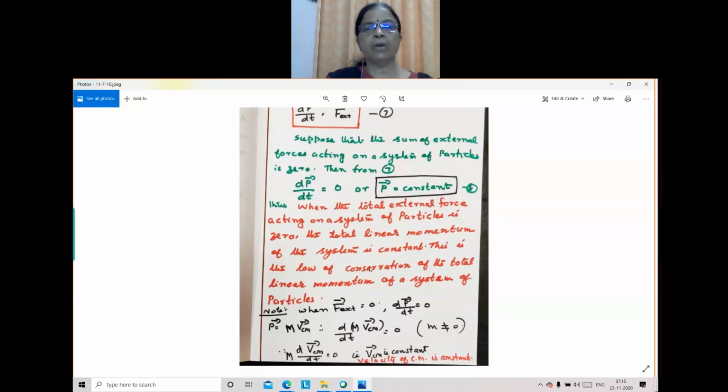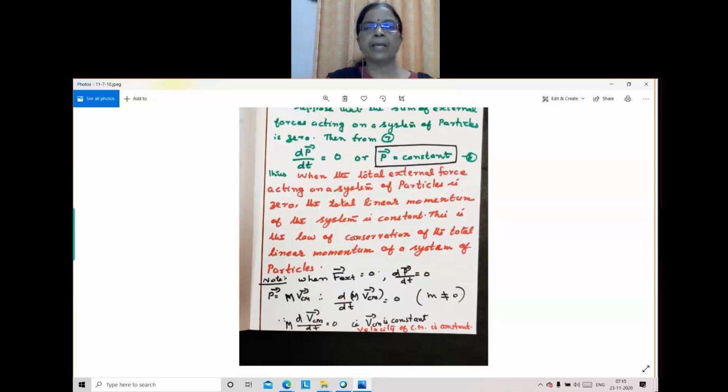We have studied all this, but now we are applying this to the center of mass, that means for a system of particles. Instead of applying force on all the particles of the system, if we apply the force on the center of mass, that motion remains constant.